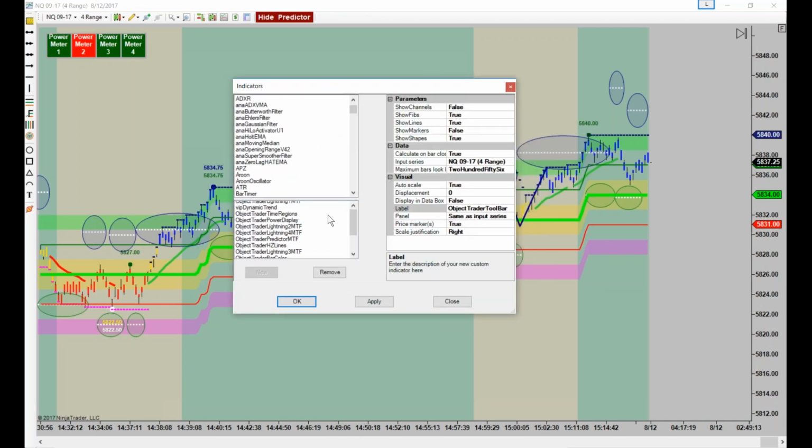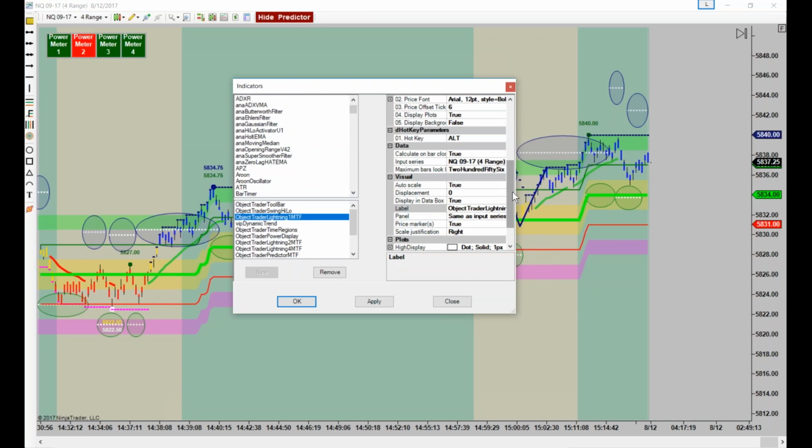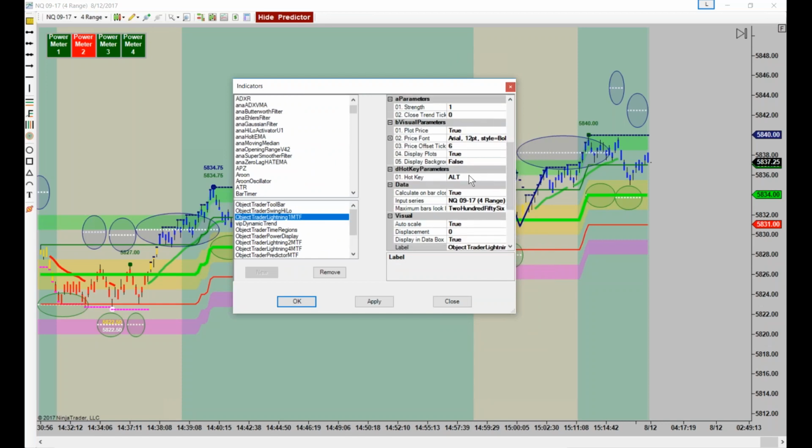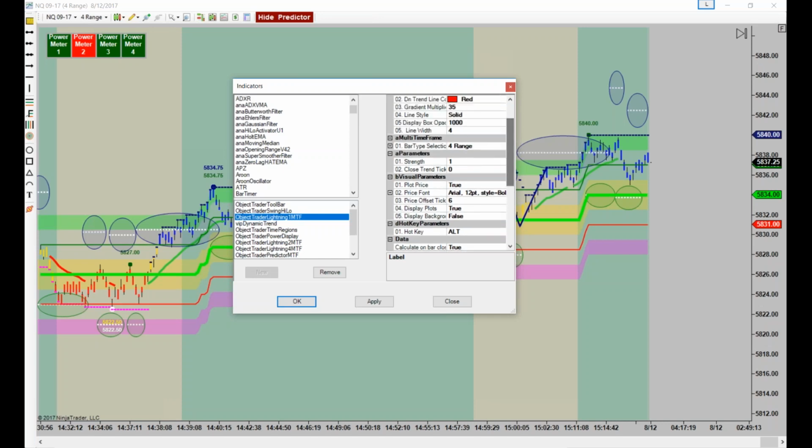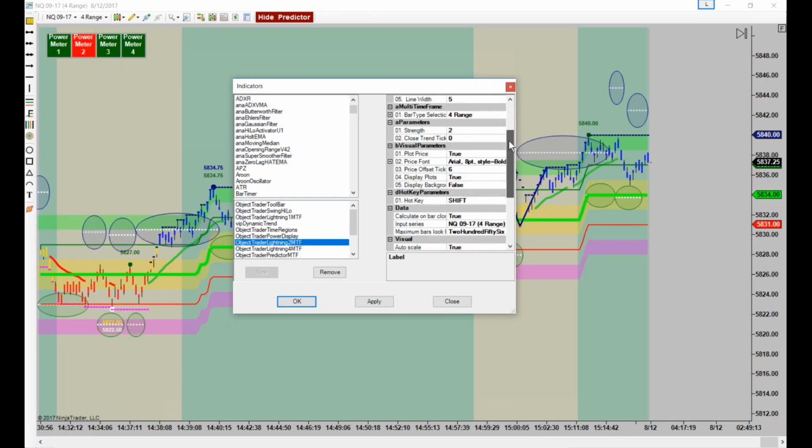Okay, and lightning 1. I always use the Alt key. All you have to do to get that lightning is simply hold the Alt key down, click on a swing, it should draw it. If it doesn't draw it in the right spot, just click it again and it should. Okay, lightning 2, oh, and keep in mind, lightning 1 is a 4-range chart, 1 swing strength. Lightning 2 is 4-range, 2 swing strength, and we use the Shift key.